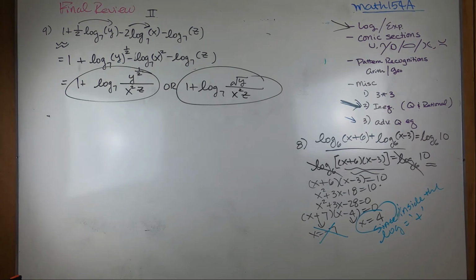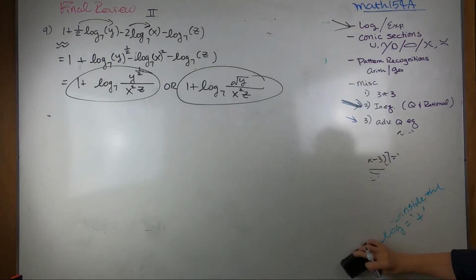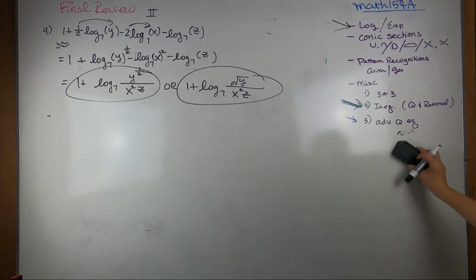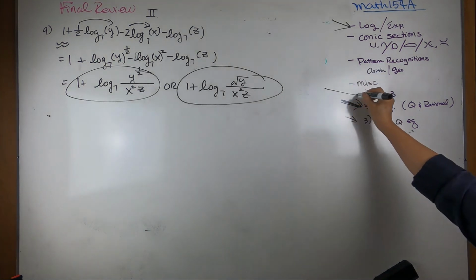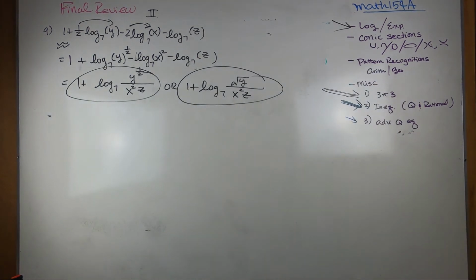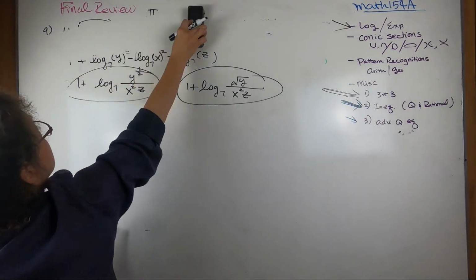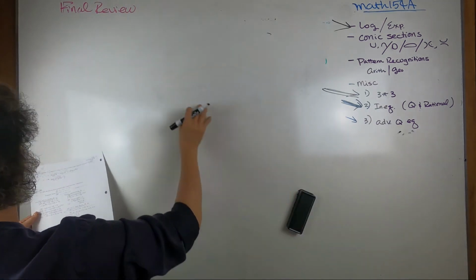Are we good? So that would be our log. Okay. Let's see, your next question is 3 by 3. So we come back here and do some other miscellaneous things for 3 by 3. We need the whole space.